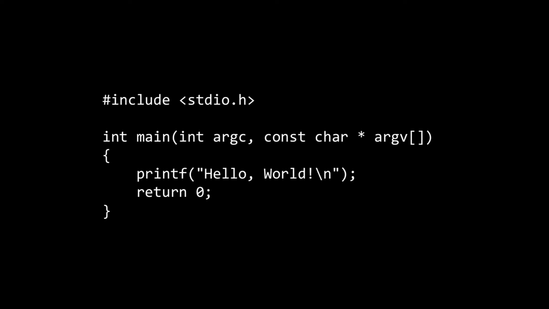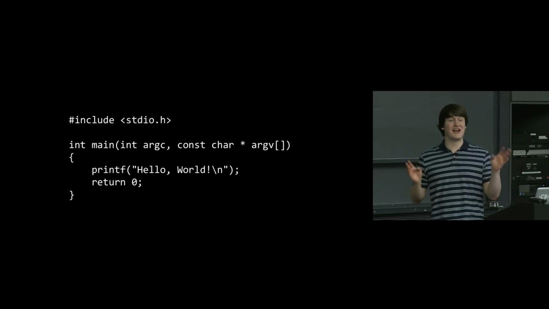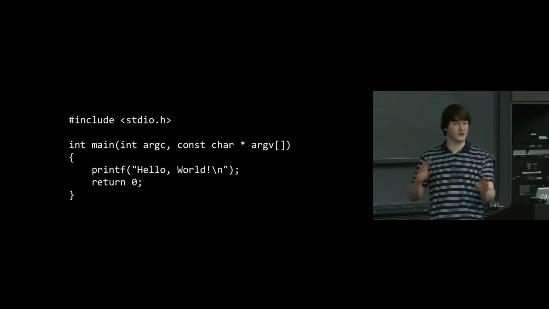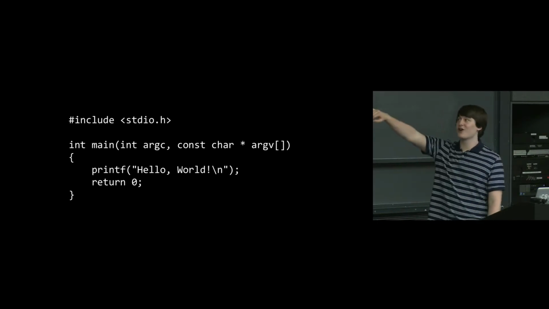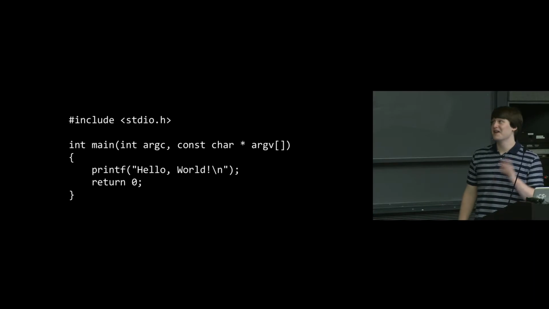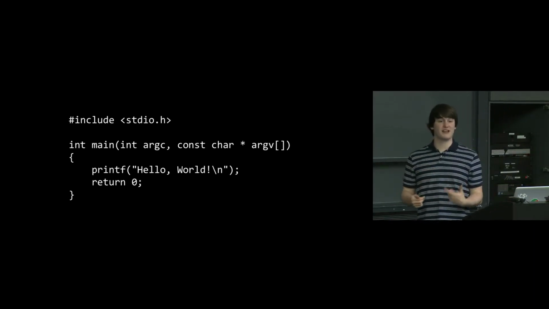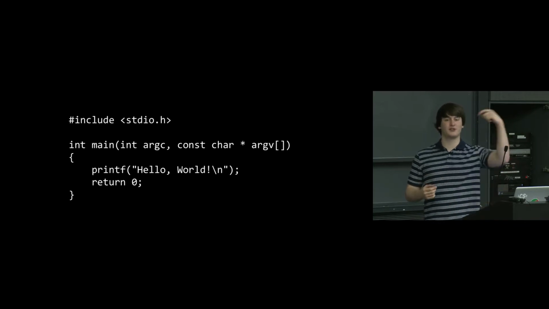Ignoring the fact that it's bracket syntax, this isn't entirely true, but in a lot of scenarios, arrays and pointers are pretty much equivalent. So const char star argv bracket, we could have also said const char star star argv, which makes sense since argv is an array of strings, and we represent a string as a pointer to a single character.